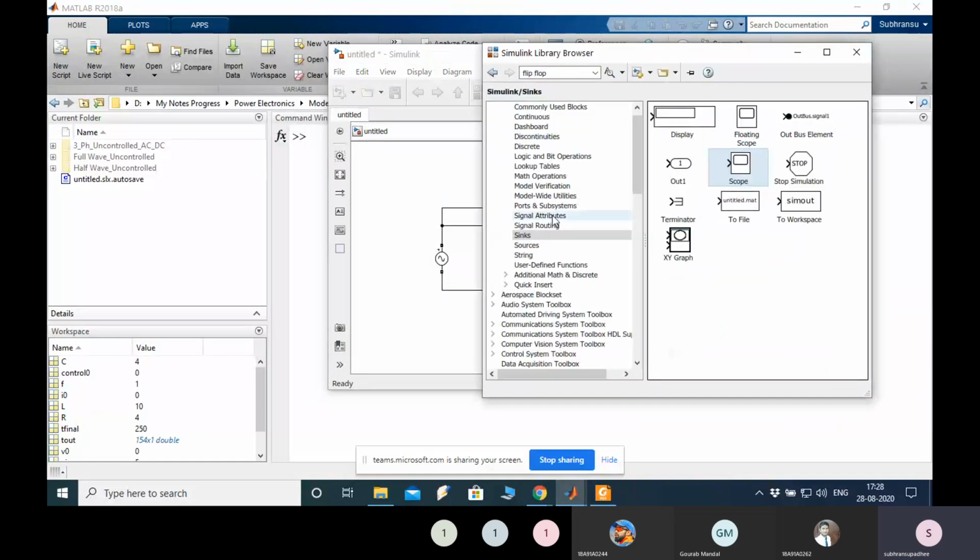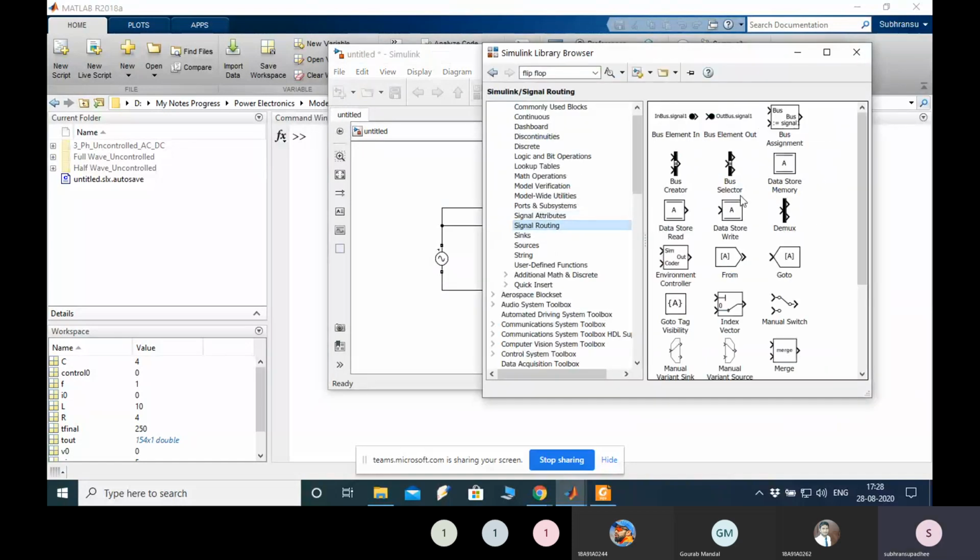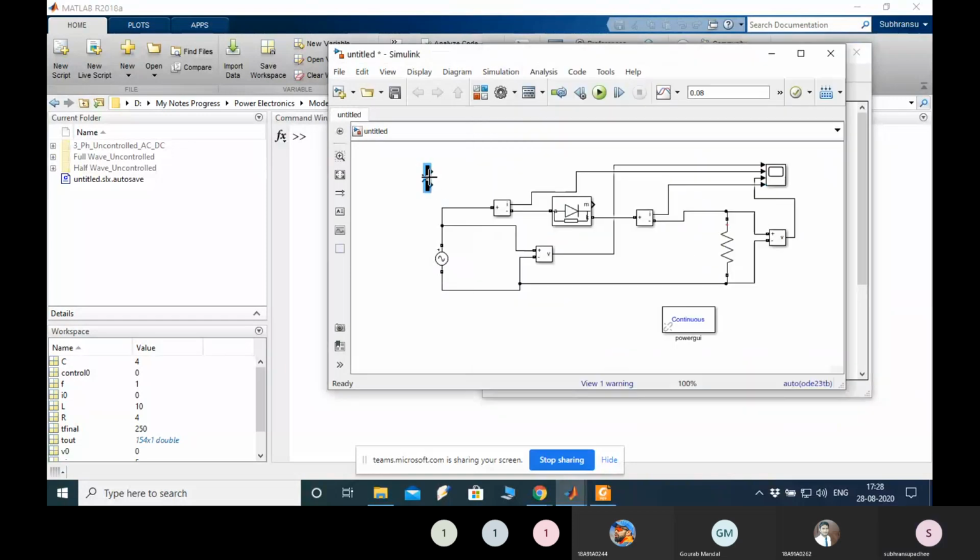How to do it? Go to signal routing, bus selector. Just the bus selector over here, double click, signal 1 and signal 2.